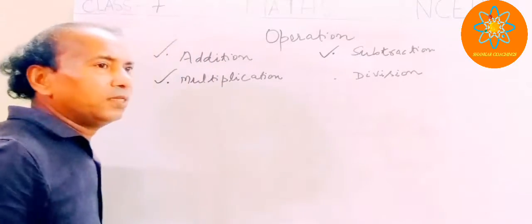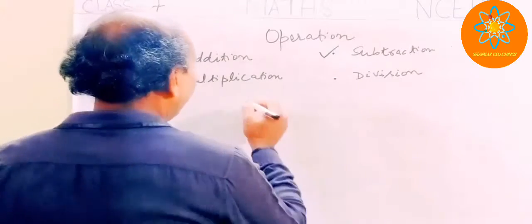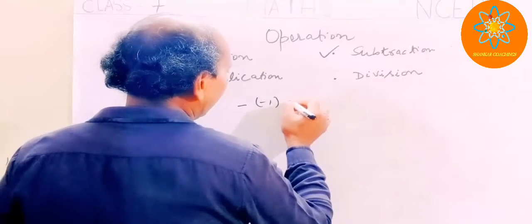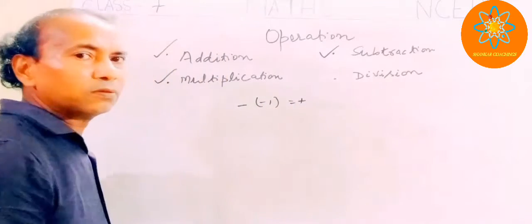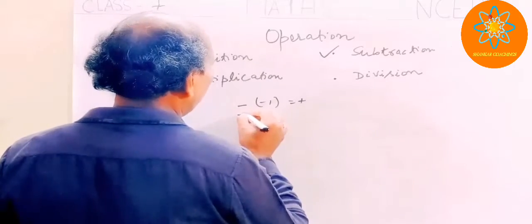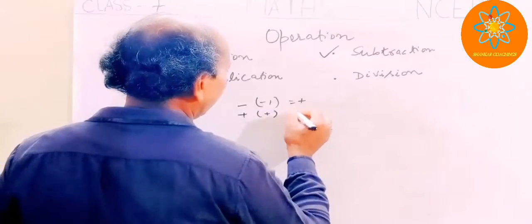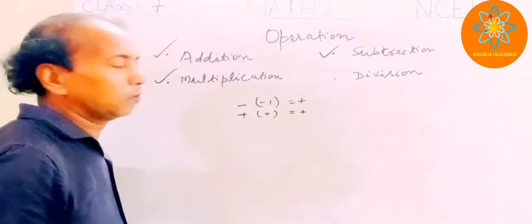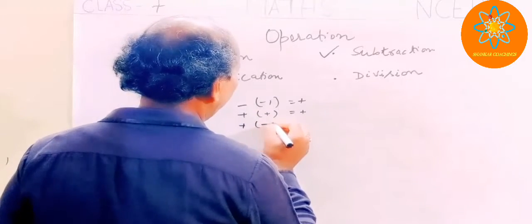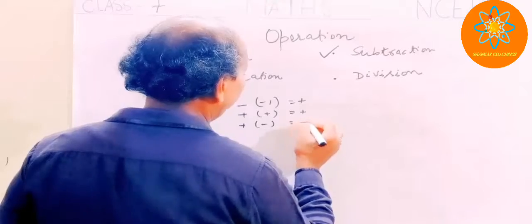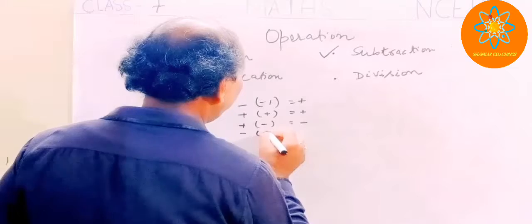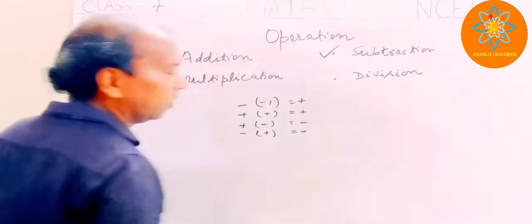Theory of multiplication means negative into negative is positive, positive into positive is positive, positive and negative is negative, and negative and positive is also negative.